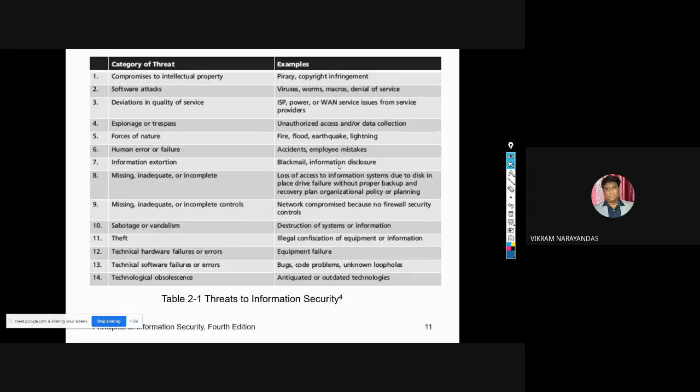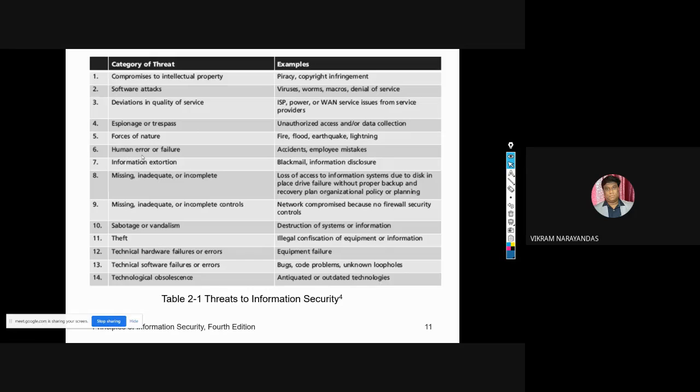So the categories of threats, it may be different types: compromises to intellectual property, it's a 10 marks question, and software attacks, deviations in quality of service, espionage or trespass, forces of nature, human error or failures, information extortion, missing, inadequate or incomplete controls, vandalism, theft, technical hardware failures or errors, technical software failures or errors, and technological obsolescence. So we go one by one according to our syllabus.